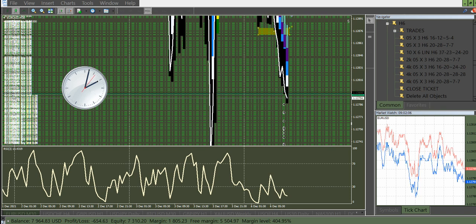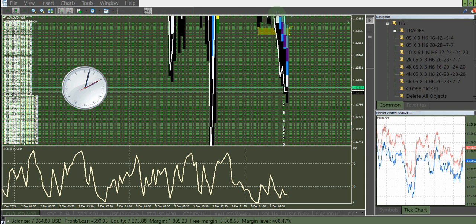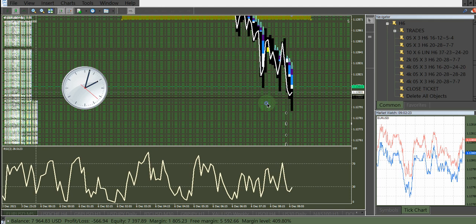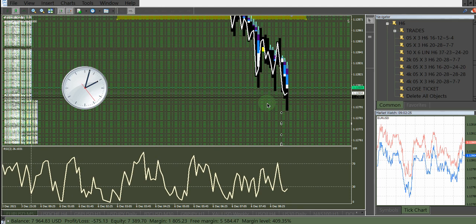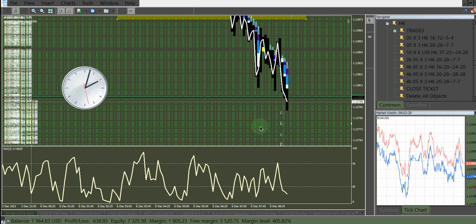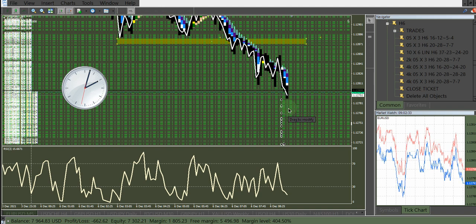Still tanking. Gotta wait for the 5-minute traders to step in here and start buying it. All right, they bought this trap out of the floor on the 5. So they just came to my tickets.